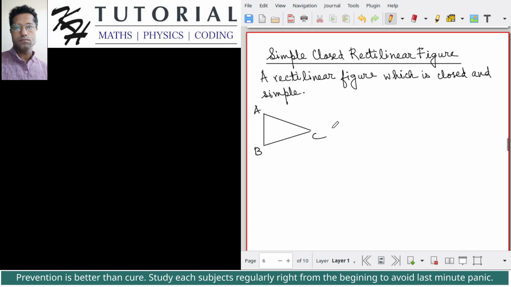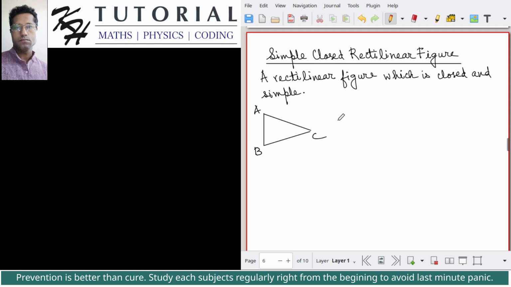Even though I drew the line segments separately, I hope you can understand that this is a closed figure, and it can easily be drawn. I can start from the point A, and the starting point and the end point can be any one of the points A, B, or C.